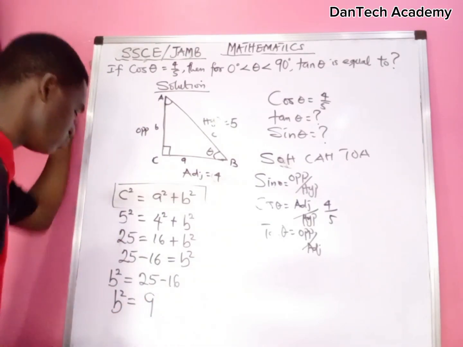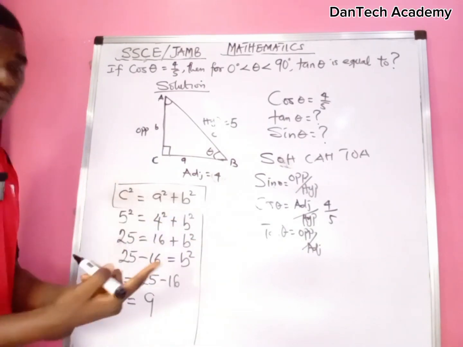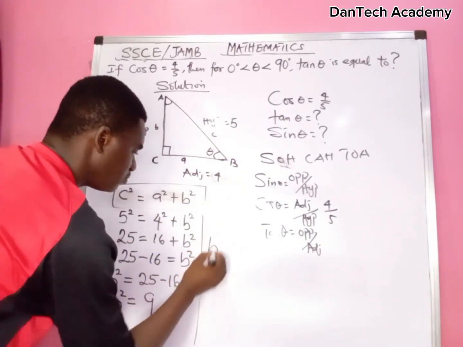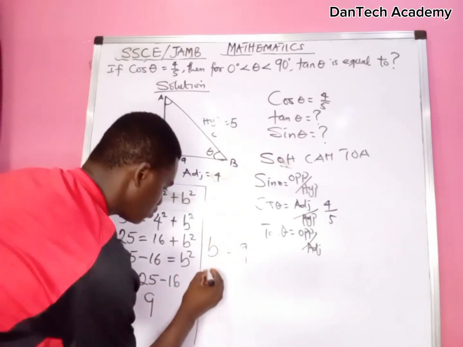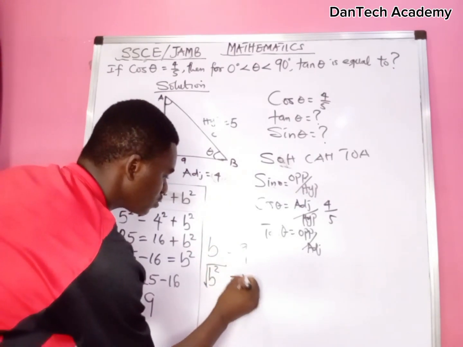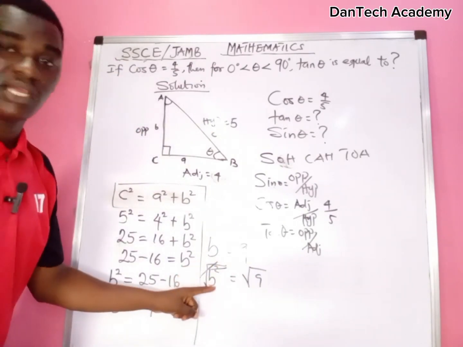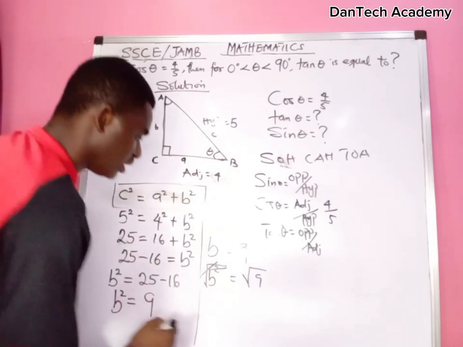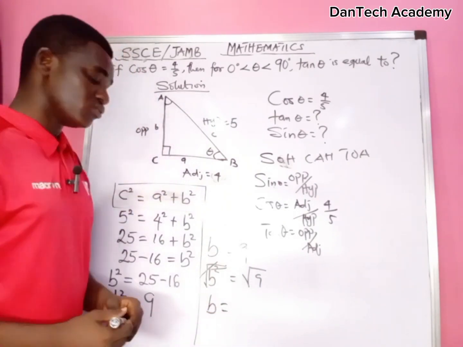b square is 9. So in getting what b is, don't forget we are looking for b, not b square. So in finding b, I would say b square equals 9, and I can take the square root of both sides. The square root and the square eliminate each other, so b equals the square root of 9.